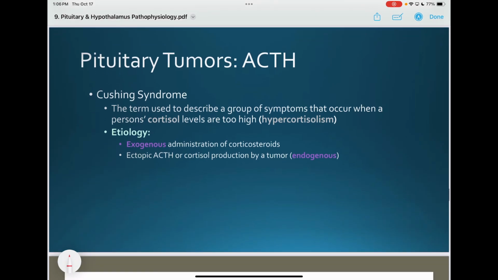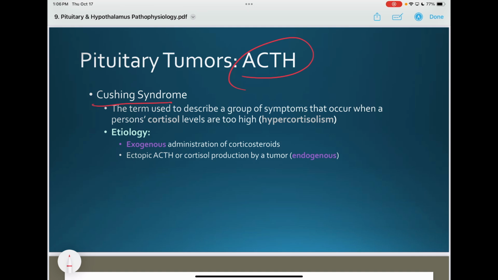Another pituitary tumor deals with ACTH, and now we're talking about Cushing's syndrome. Cushing's syndrome is an umbrella term. It involves excess cortisol. There are different types of Cushing's.